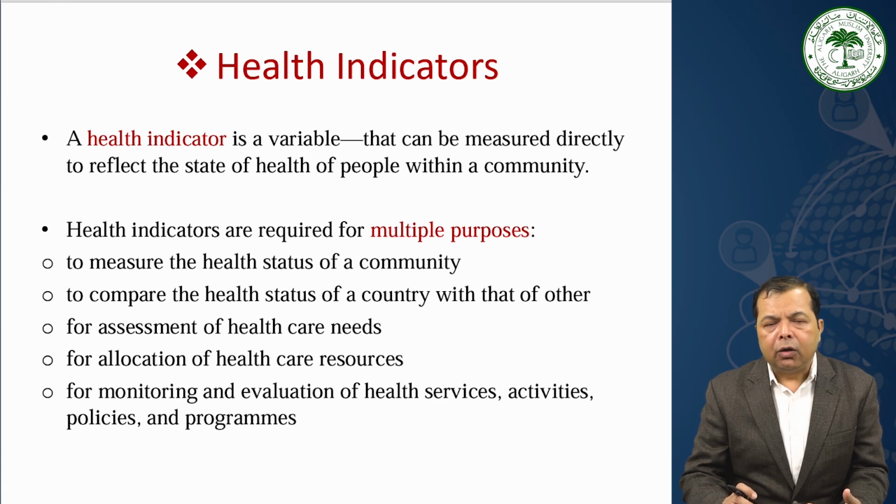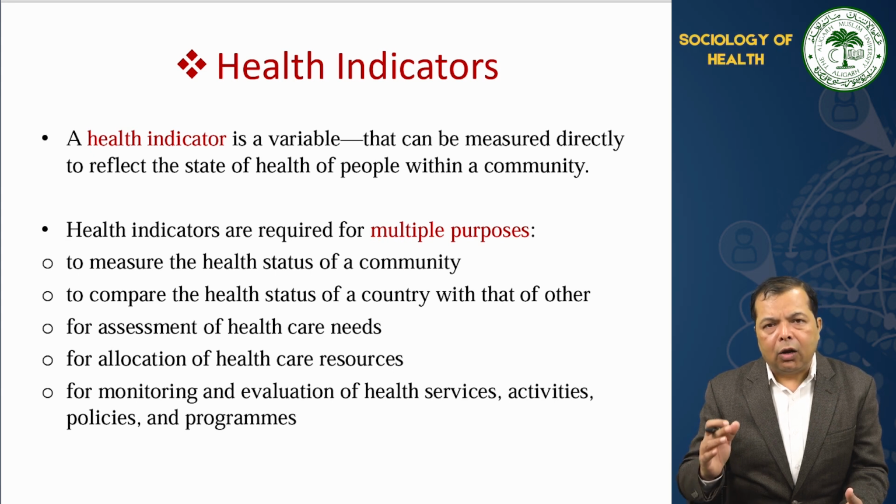So we will need a good number of indicators so that we can understand the health status of our country. Or if you want to make a comparison between two or more states of our country, then again we will need health indicators. Then if we want to make an assessment of the healthcare needs of the people, because people are in need of certain health facilities, how can we get to know about that? So for that purpose also we need health indicators.